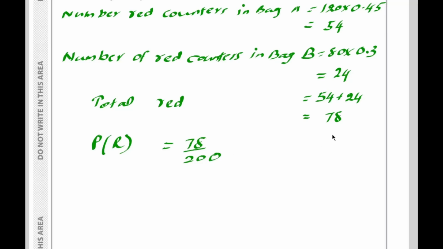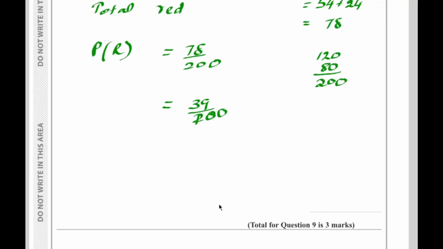How did I get 200? In bag A there are 120, in bag B 80 counters, so altogether there are 200 counters. Among that 200, there are 78 red counters. Once you simplify it, you get 39 over 100. So the answer is 39 over 100.